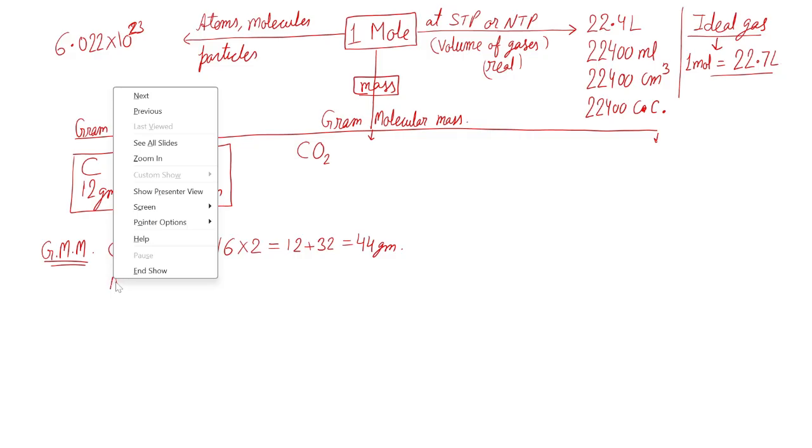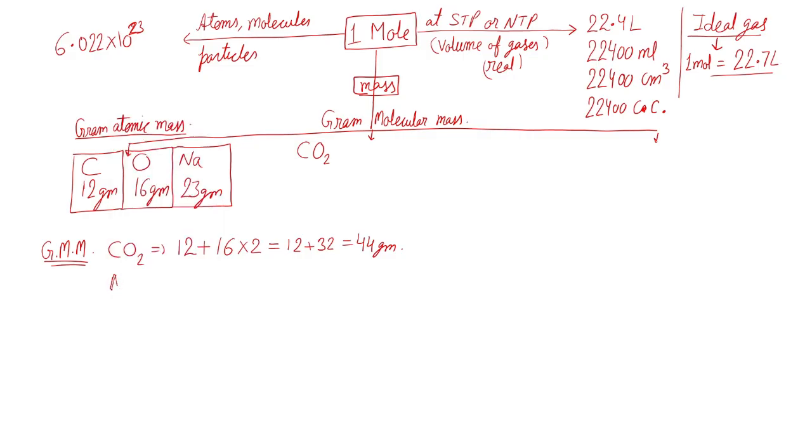Now let us assume it is ammonia. So nitrogen we know is 14, plus 1 for hydrogen, but 3 atoms are there, so multiply by 3. It is 17. Like methane, it is again 12 for carbon, 1 for hydrogen, multiplied by 4 because 4 atoms of hydrogen are present in one molecule.